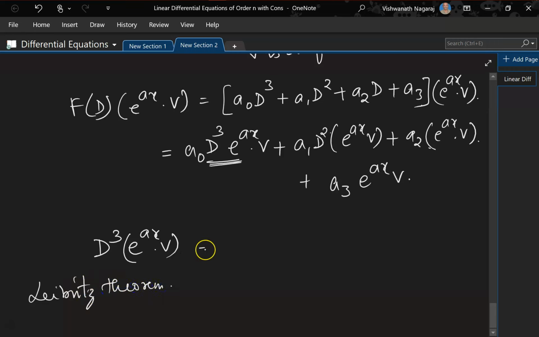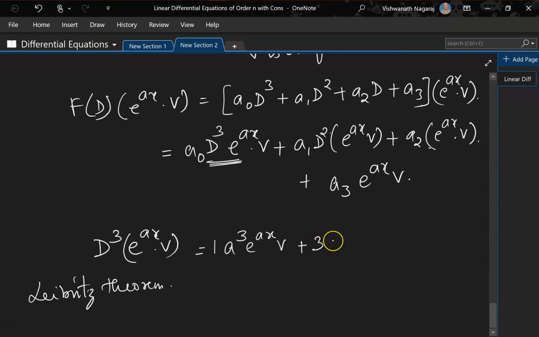So what do we get? We get a cubed, because differentiating e^(ax) three times gives a cubed, e^(ax) V, where V remains as it is. Now remember the coefficient is 1, and recall Pascal's triangle 1 3 3 1 because it is a cube.